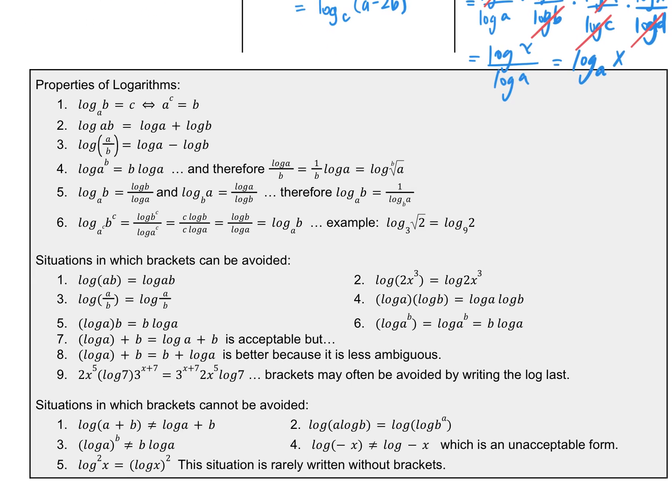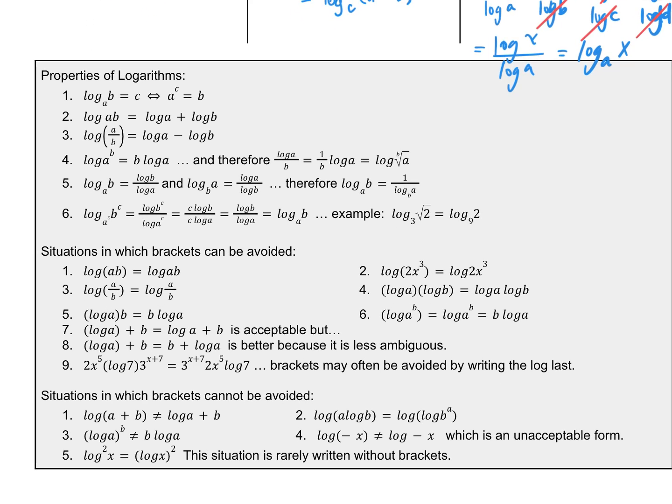And in this chart here are just a summary of the properties that we've looked at, plus maybe a few extras, and then some situations where brackets can be avoided and some where it cannot. So when you have this multiplication or division, if you avoid the brackets, it's fine. It still implies the same thing. So even here, those are equivalent.